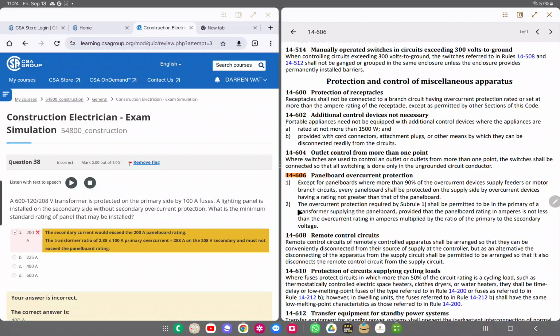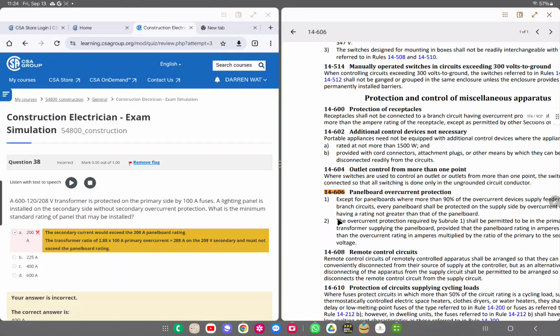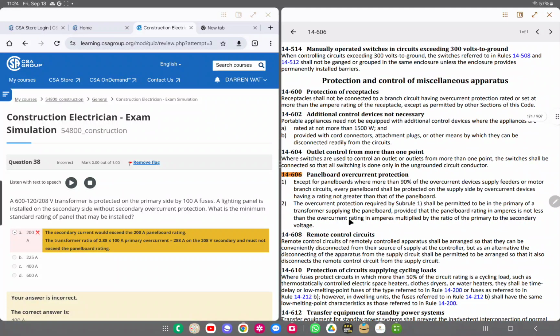So in number 2 at the end here, it basically says panel board rating in amperes is not less than the overcurrent rating in amperes multiplied by the ratio of the primary to secondary voltage. So pretty much that's what we just did. It's just explaining it there. Nothing too crazy.